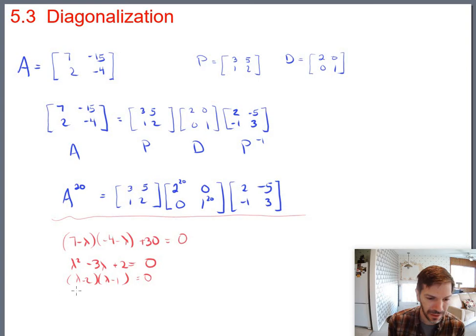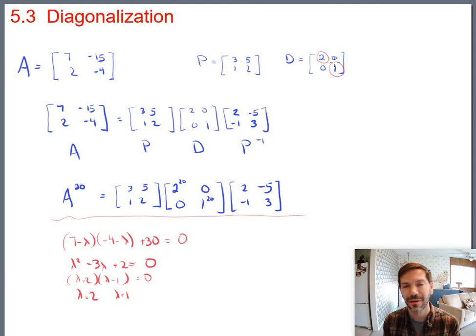So our two eigenvalues happen to be 2 and 1. And look at that, those happen to be the entries on the diagonal of the D matrix. Not a coincidence. And furthermore, any guesses on what the eigenvector is that goes with 2?